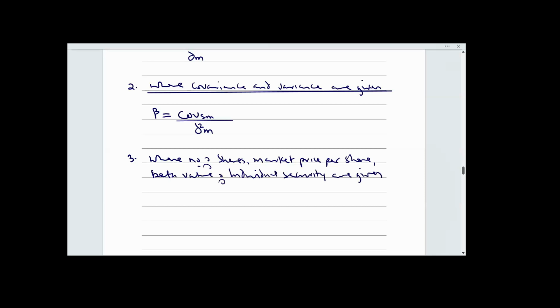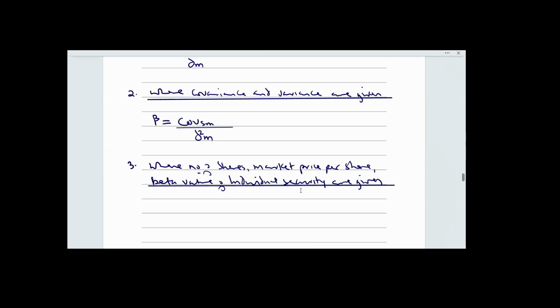So anytime in a question, in fact, even this number 3 in recent time is tested more frequent than the second one, but let's keep it as it is. Now, in the question, you are given number of shares, you're also given share price, and then the beta value of individual security. It means that you are supposed to use the weighted average.